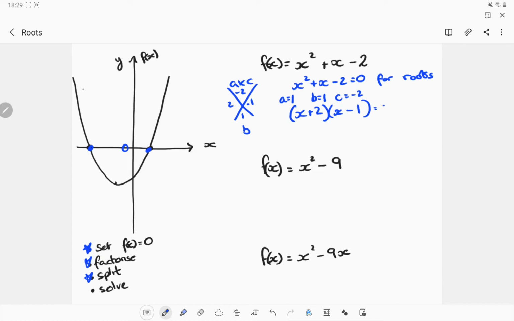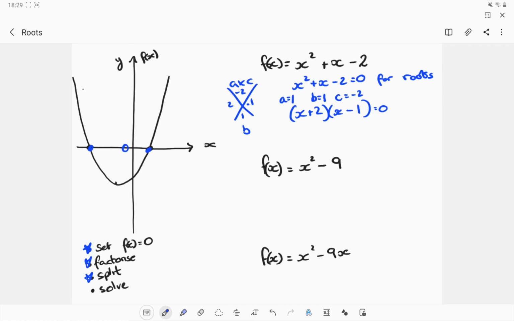What we have to do is consider how can you multiply two things together to get 0? And I challenge you to think of two values that multiply to give you 0, but neither of them are 0 themselves. With a couple of minutes of thinking about it, hopefully you'd convince yourself that's not possible.